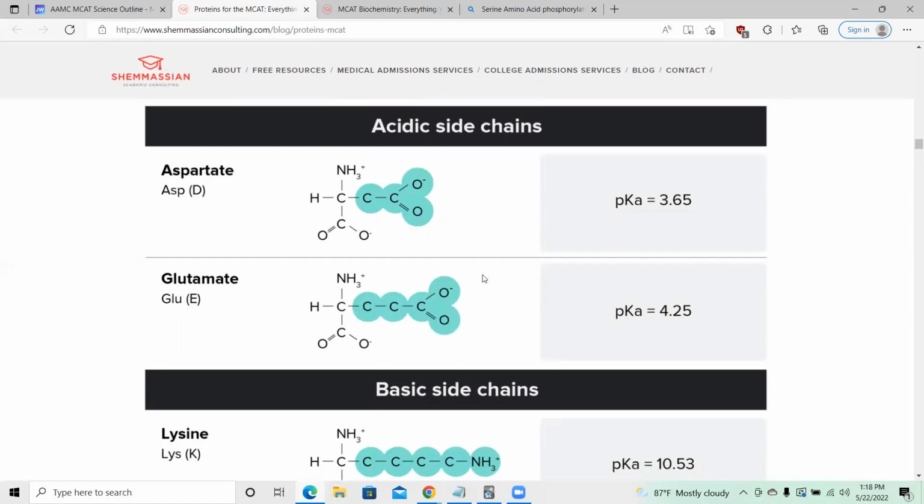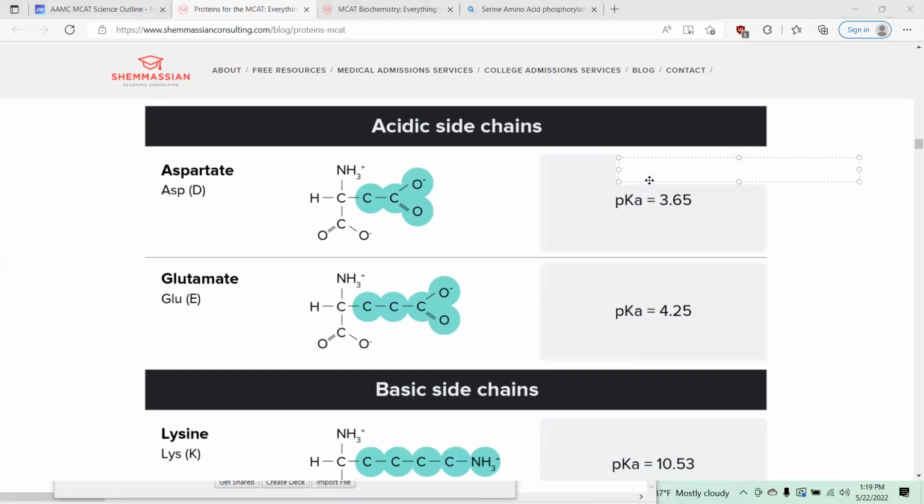Well, the easy way that I like to think about it is simply in terms of numbers. Let's say we have a pKa of 4 and a pH of 6. Which of these is the bigger number, the 6 or the 4? The 6, right? The 6 is the bigger number, so it gets the proton. If the 6 gets the proton, that means this is deprotonated at a pH of 6.